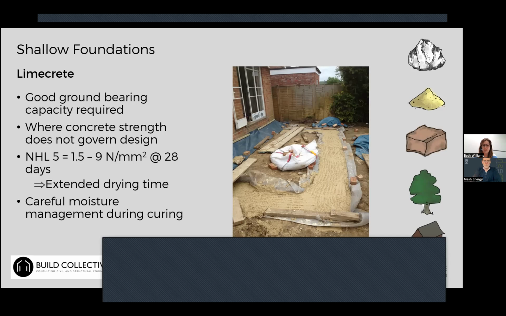It's not necessarily that it needs to be that strength, but we know that at 28 days it is going to be 15 or 20 within a very small margin, given the water content and sand cement ratio.